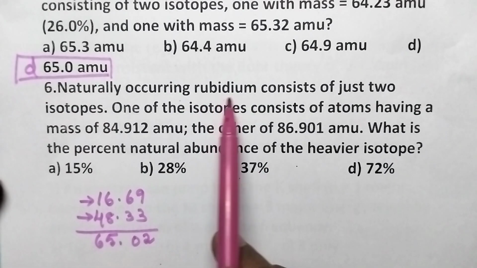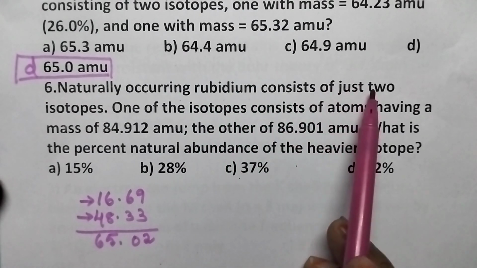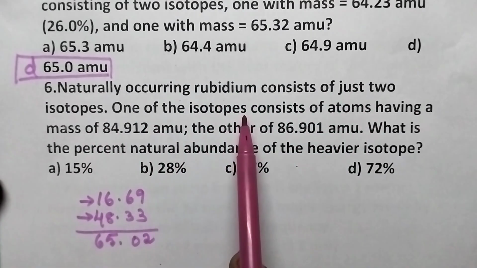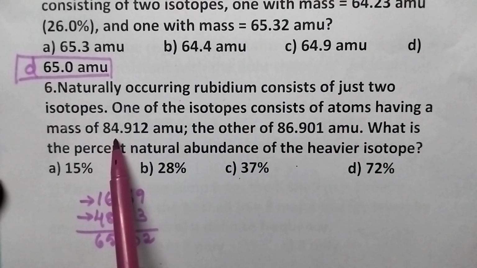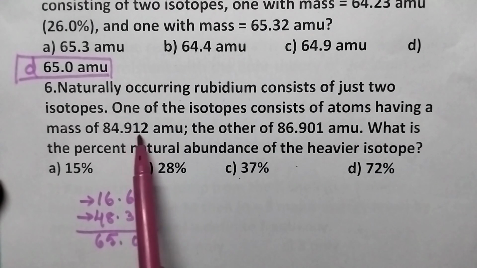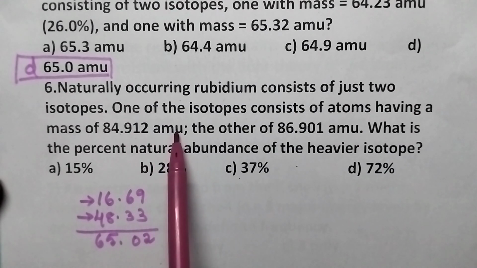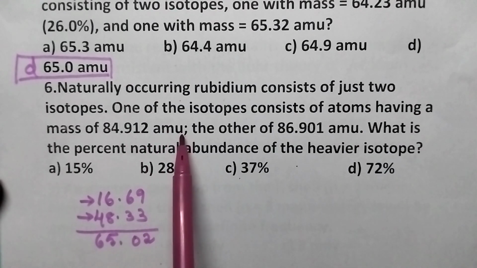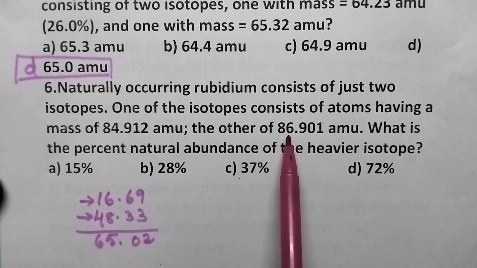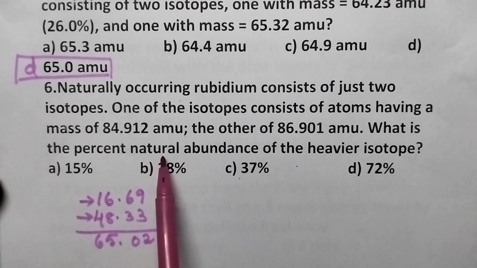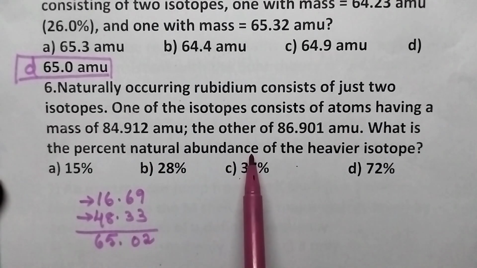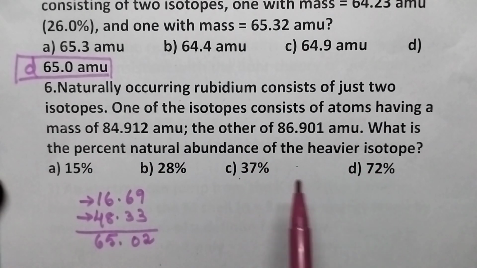Naturally occurring rubidium consists of just two isotopes. One of the isotopes consists of atoms having the mass of 84.912 AMU. AMU stands for atomic mass unit. The other has 86.901 AMU. What is the percentage of natural abundance of the heavier isotope?